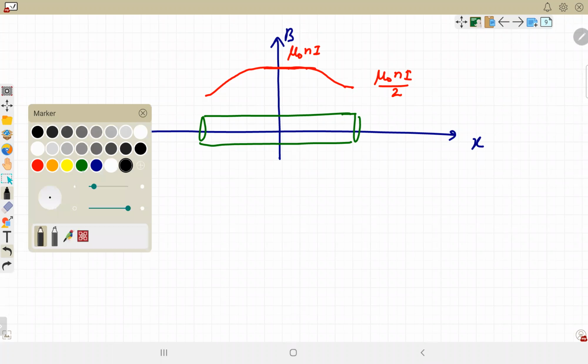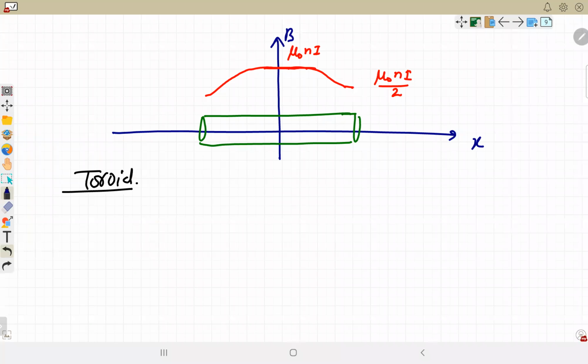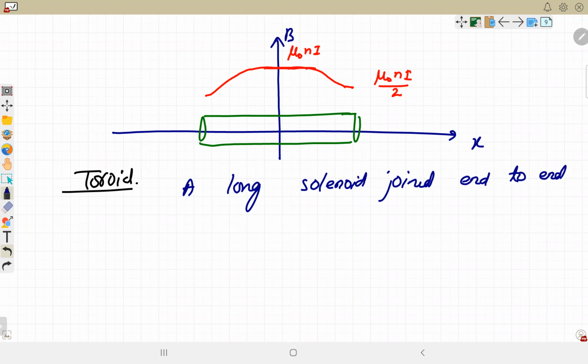So toroid is called a solenoid joined end to end. A long solenoid joined end to end, an endless solenoid, is called toroid.